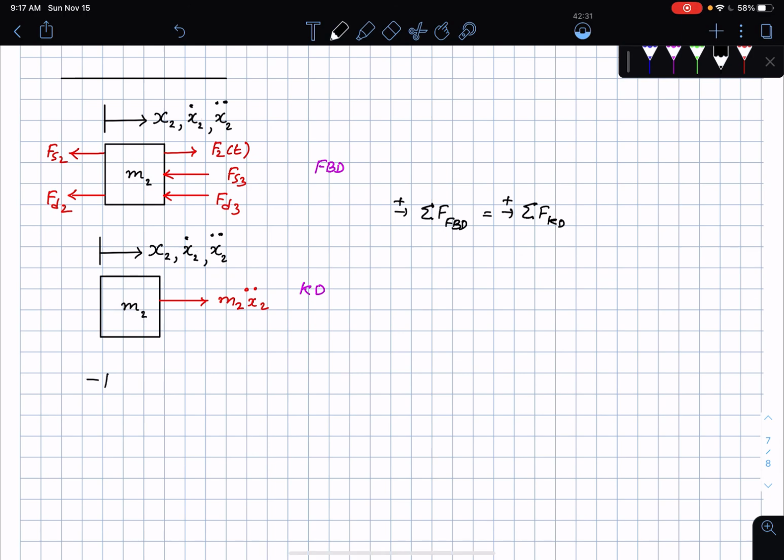So this is going to be minus fs2 minus fd2, then I'm going to have plus f2 of t minus fs3 minus fd3. This is equal to m2 x2 double dot. Do the substitutions.